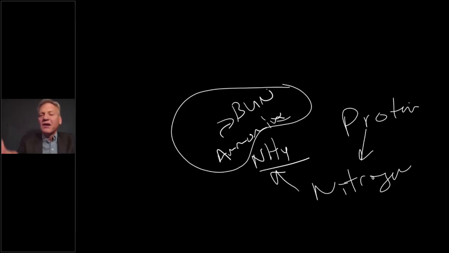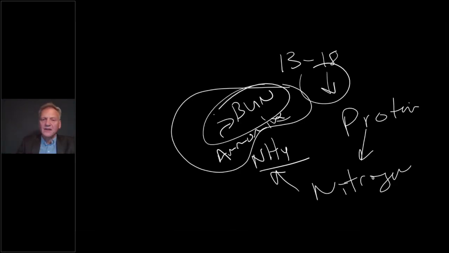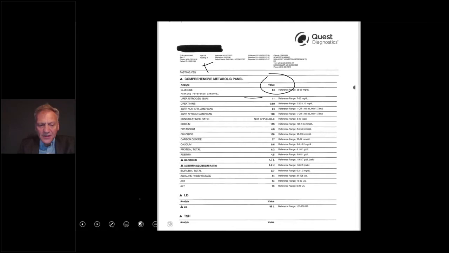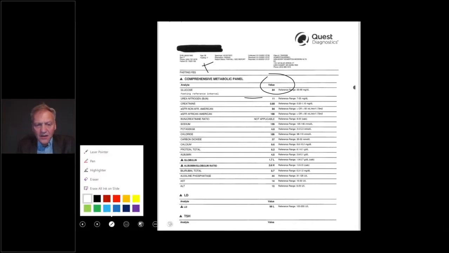So when you look at blood work, if your protein is reasonably not too low, then the BUN should be 13 to 18. When it's lower than that, it means the liver is congested because it's not processing the BUN. So let's go down and see if we can cheat real quick and look at the protein.